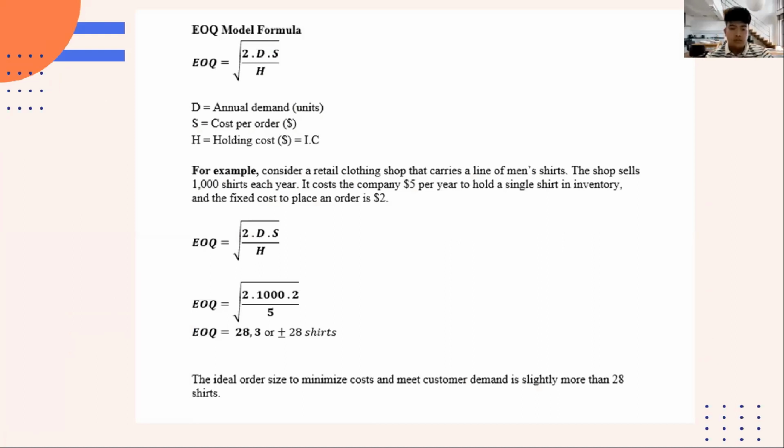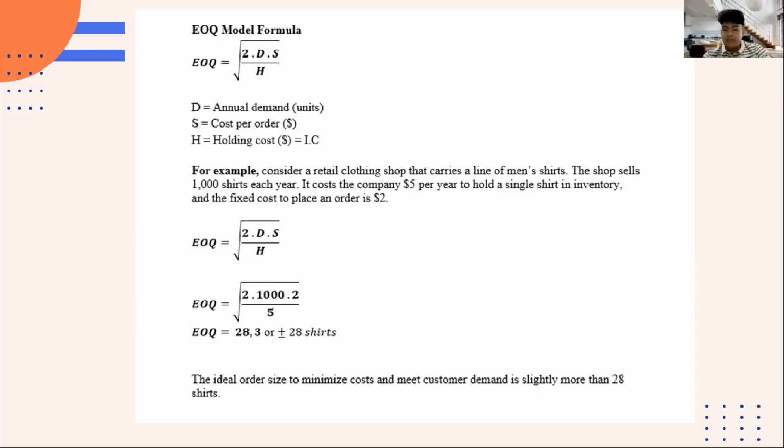Here I want to explain about the example of EOQ. First, the EOQ model formula, which is root 2 times D times S divided by H, where D is annual demand, S is cost per order, and H is holding cost.